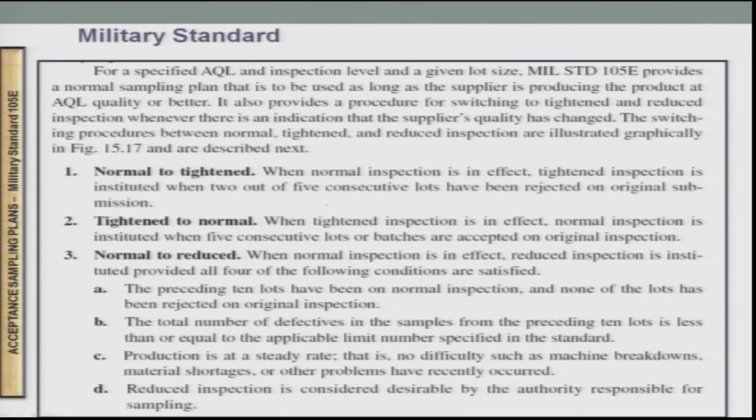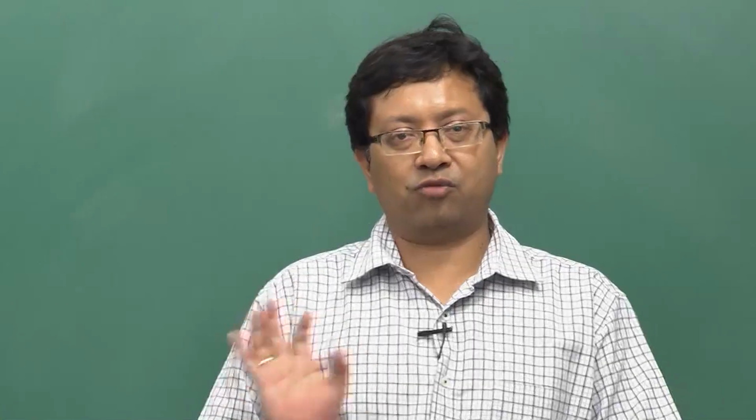But something has to be remembered: if you reduce the cost, the level of inspection decreases, or the probability of missing faults which you cannot catch may increase. A compromise has to be made depending on your cost structure, your efficiency, your robustness and the sensitivity of these different types of sampling plans.